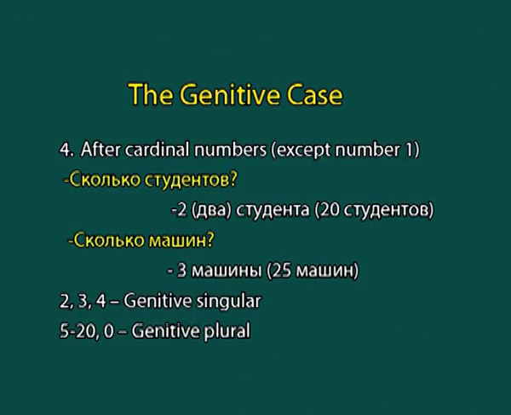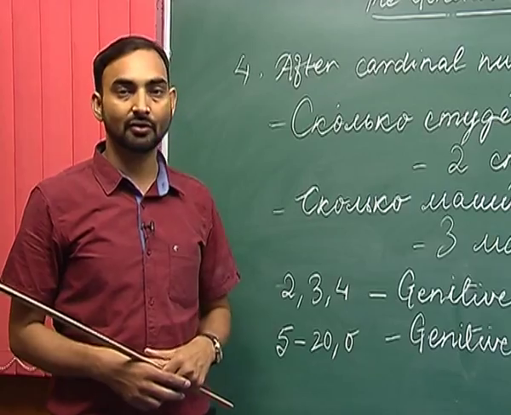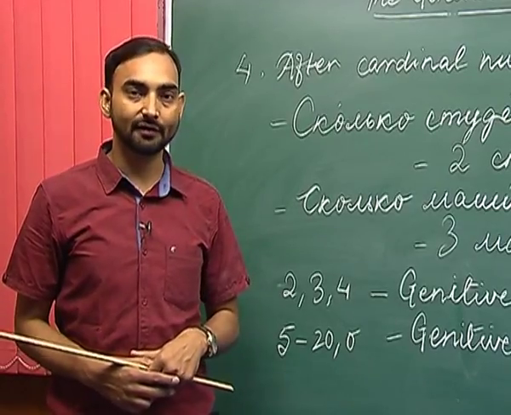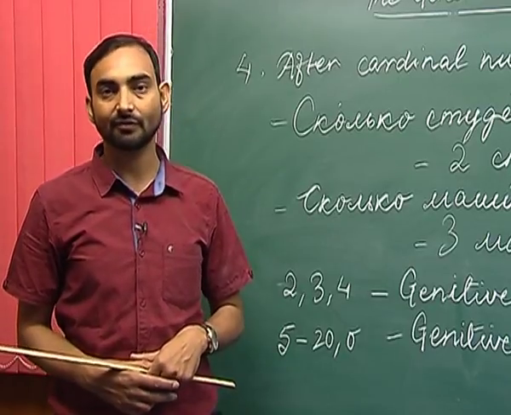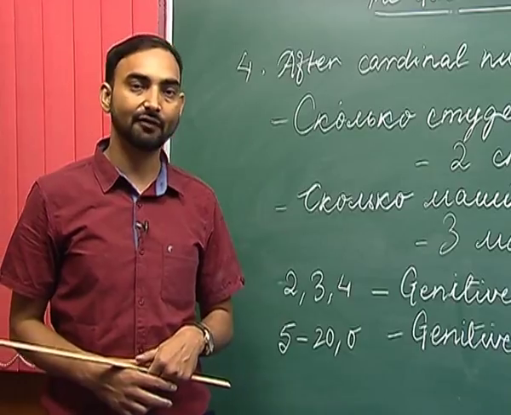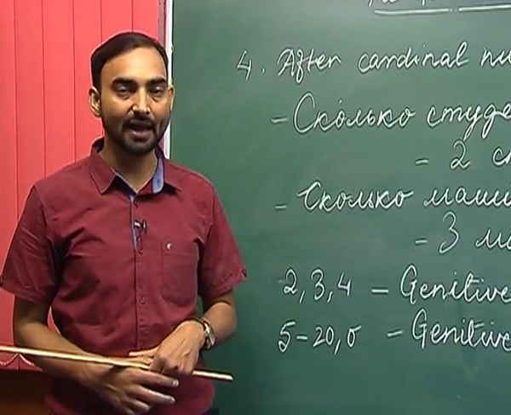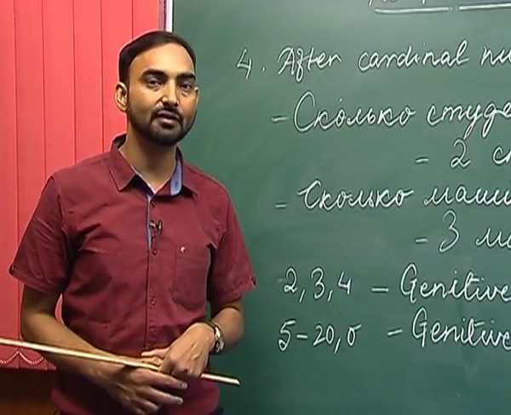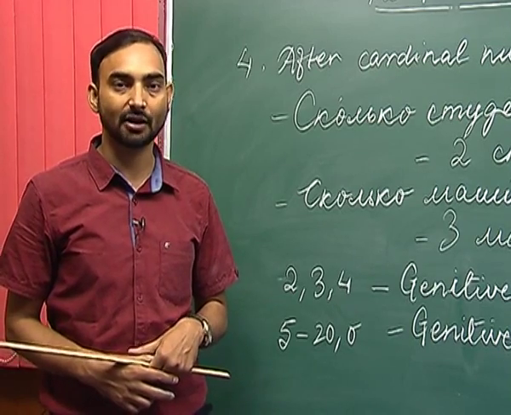So, this is the fourth use of the genitive case. The genitive case of nouns is used with the cardinal numbers except 1. With 2, 3, 4 we use the genitive singular, and with 5 onwards up to 20, and if the number ends with 0 we use the genitive plural form of the noun.